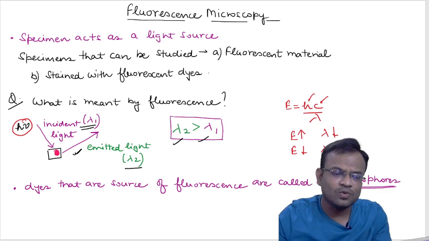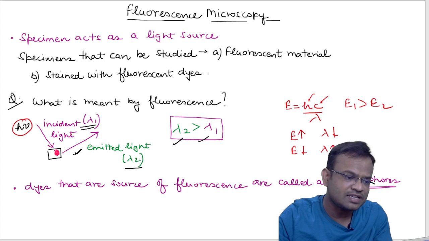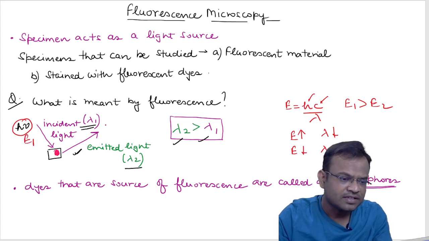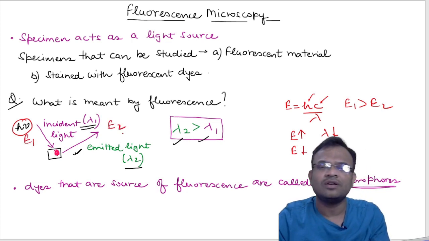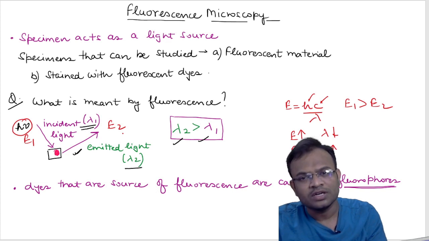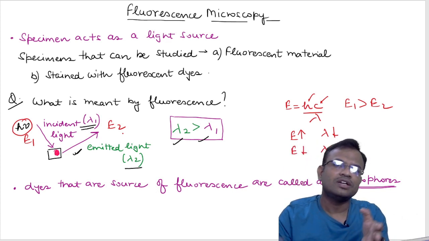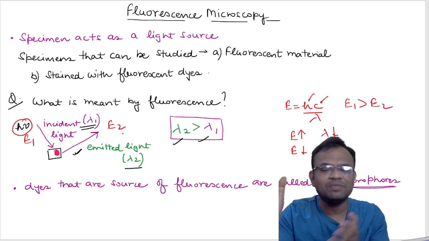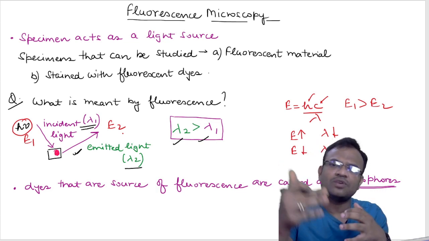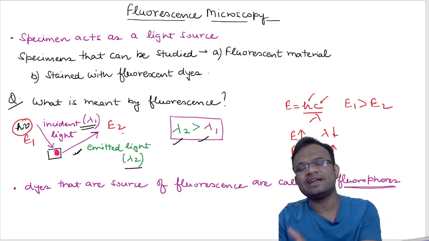That means, let us say this is E1 and this is E2, E1 would always be greater than E2. If E1 is greater than E2, then definitely lambda 1 will be lesser than lambda 2, or in other words, lambda 2 would be greater than lambda 1.